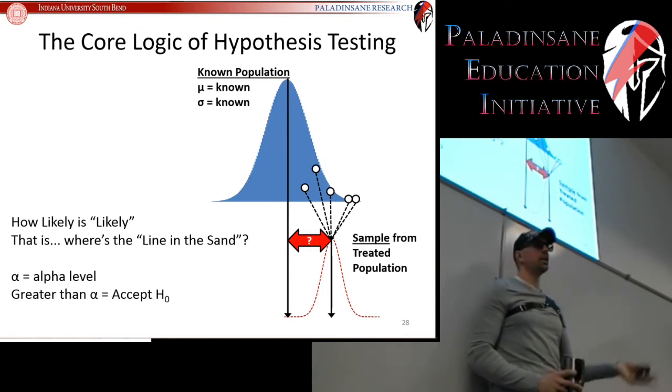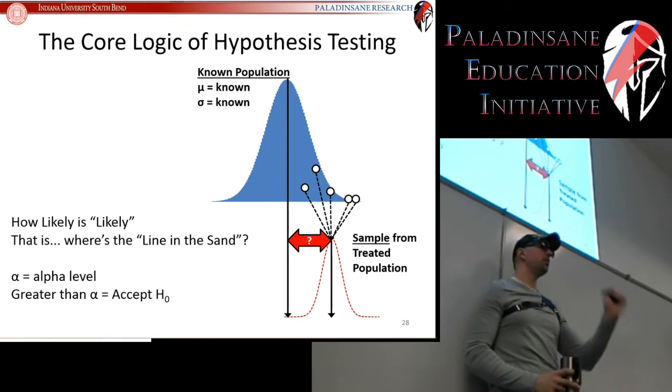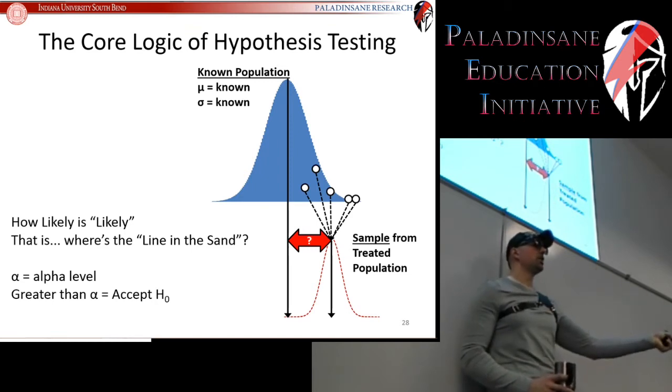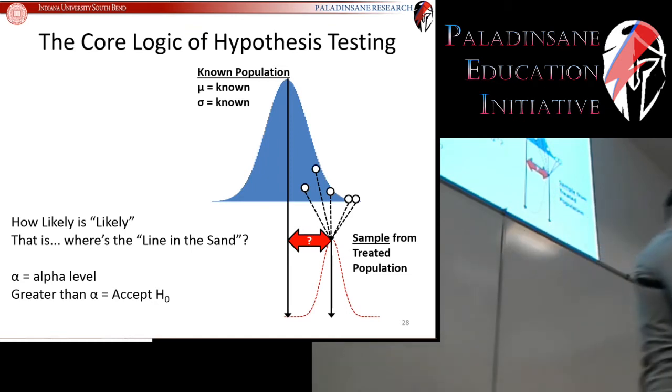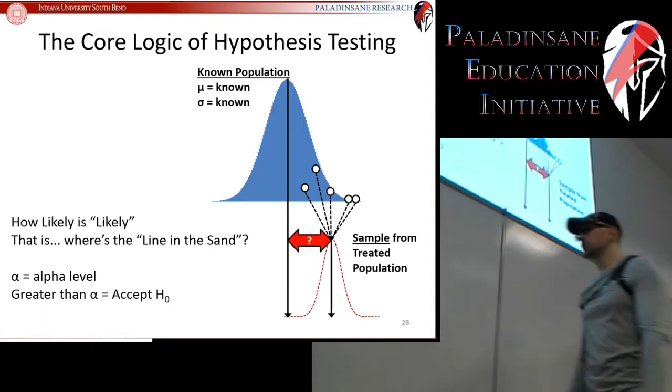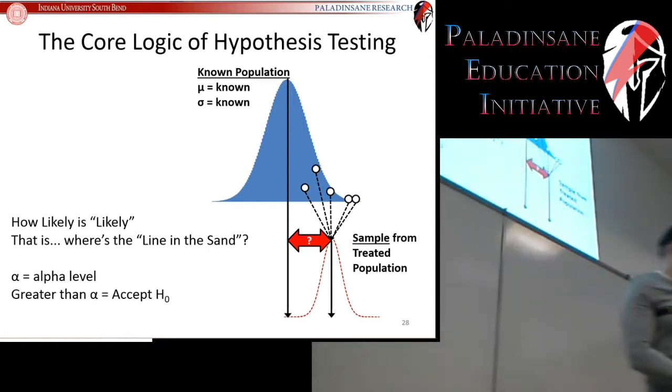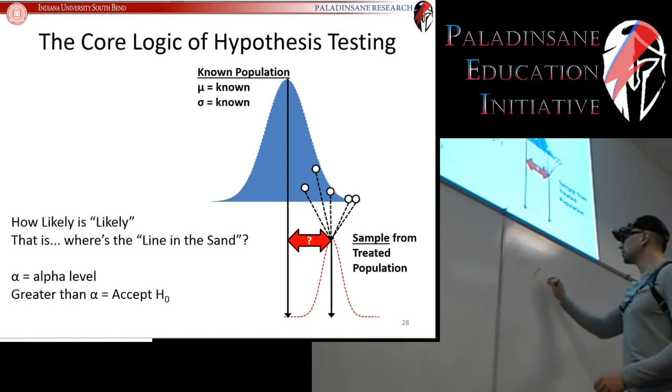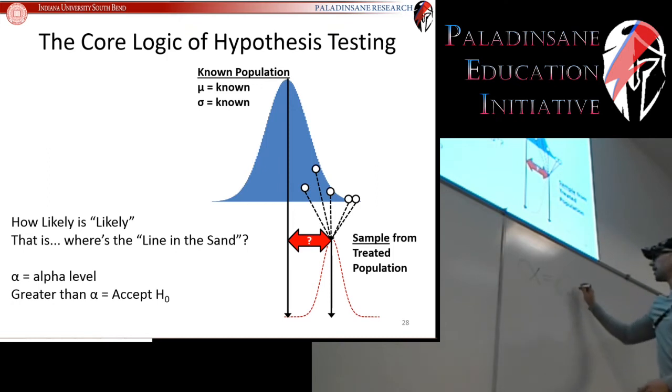If the probability that your sample came from the known population is greater than your alpha level, and I'll just write the most common alpha level that is used in psychology is 5%. The most common alpha level is 5%, or 0.05, right?